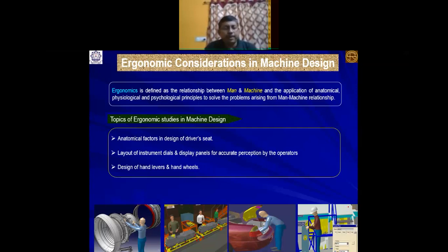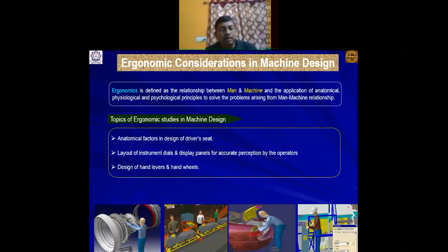Also you see the steering gripping, or your bike handle gripping. A lot of ergonomic analysis has been done, and the design has been improved. Similarly in the lever, hand wheel. All these human anatomical and physiological things are considered in design.